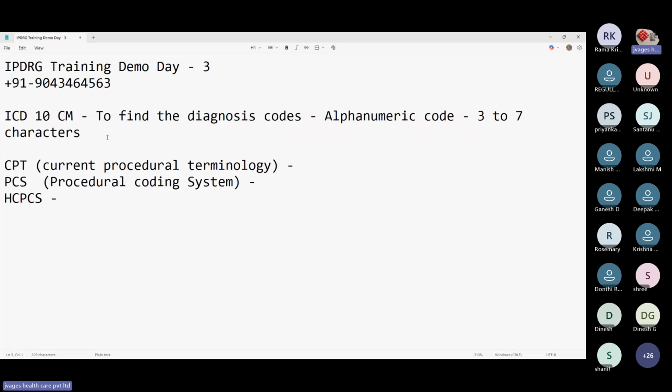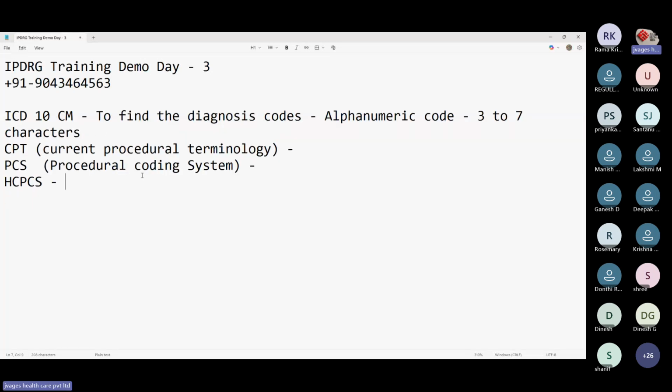What is the meaning of alphanumeric? The code contains alphabets along with numbers, which is called alphanumeric.